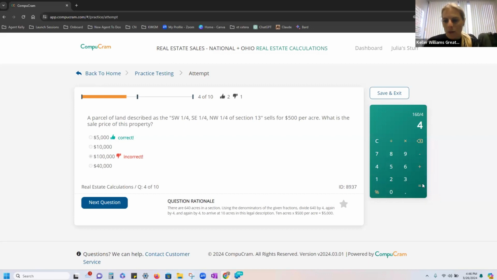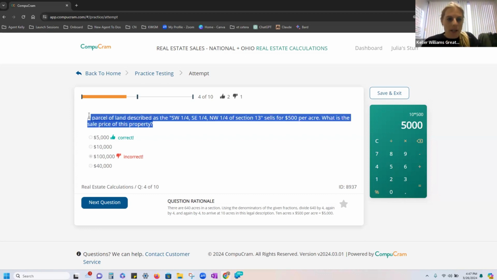So there's three 4s you're dividing by, and you get 10. Then you do 10 acres times the $500 per acre, and you get $5,000.